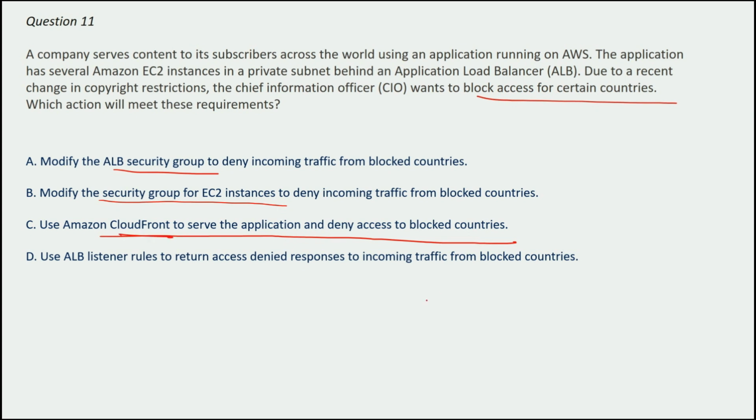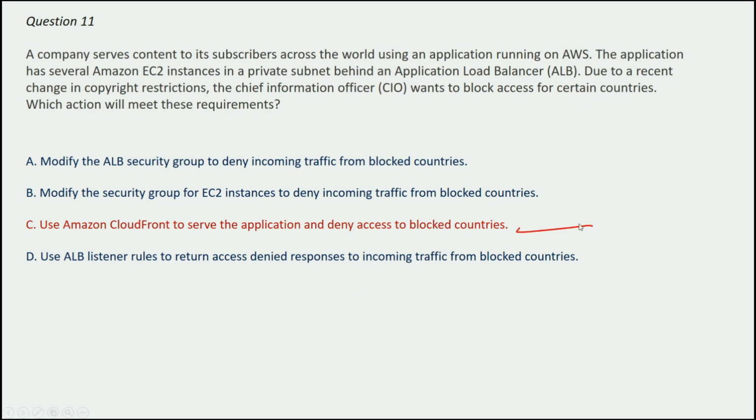With geo restriction, what it will do? It will allow your users to access your content only if they are in the countries on a white list of approved countries. And it will prevent your users from accessing your content if they are in one of the countries on a blacklist of banned countries. So correct answer here will be C. So option C is the correct answer here.